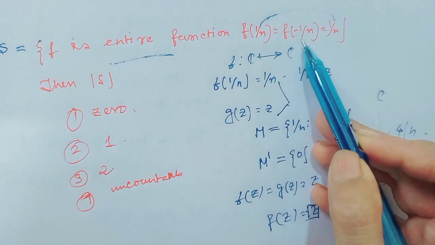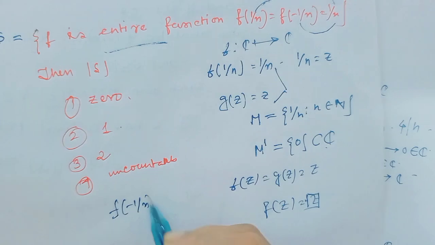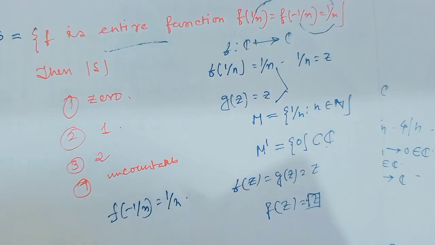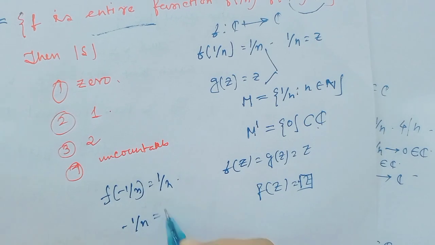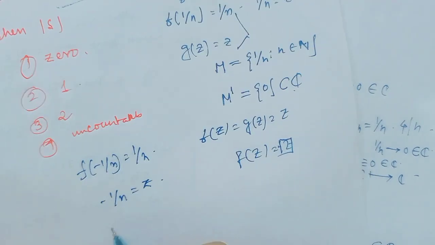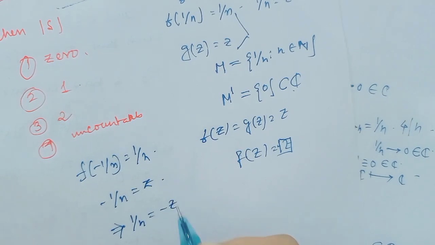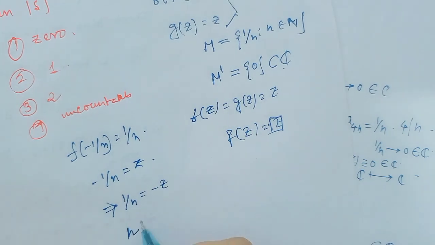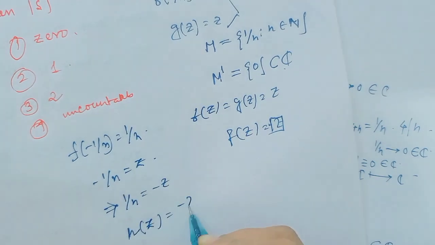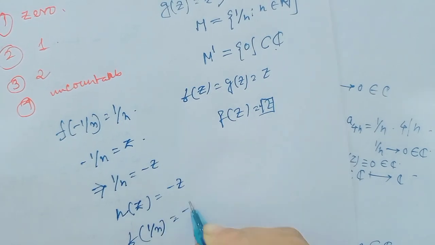But if we consider f of minus 1 over n equal to 1 over n, then consider minus 1 over n equal to z. That implies 1 over n equals minus z. Then consider a new function h(z) equal to minus z, and f of 1 over n equals minus 1 over n.